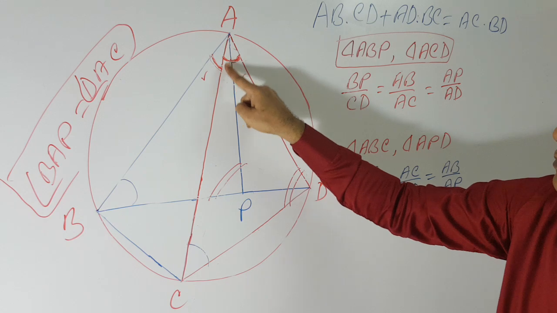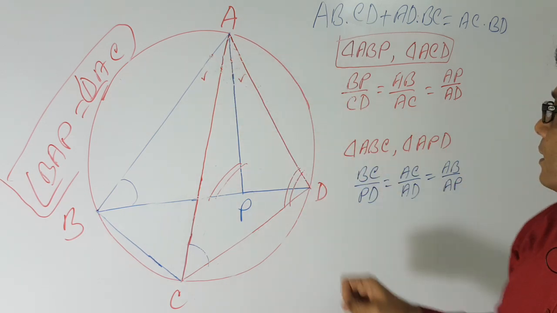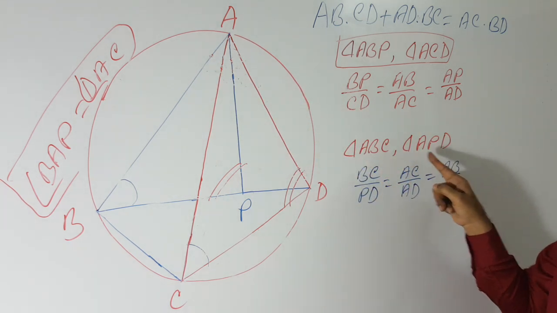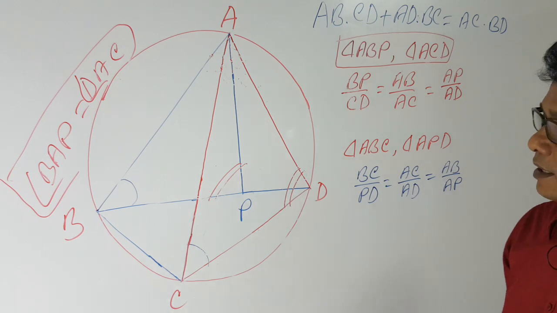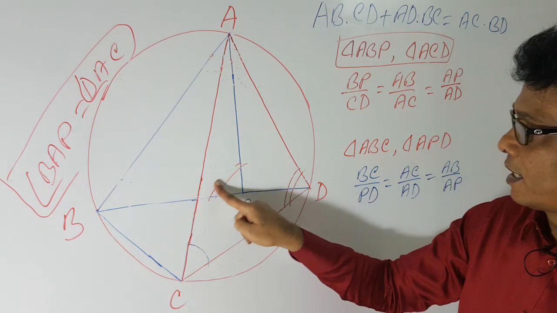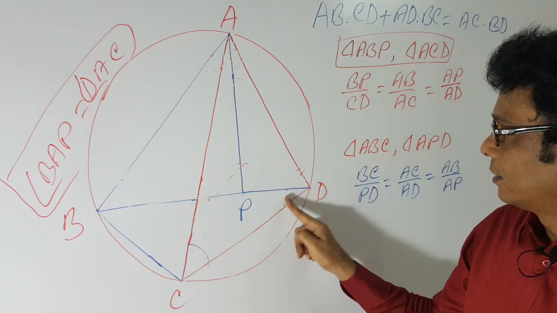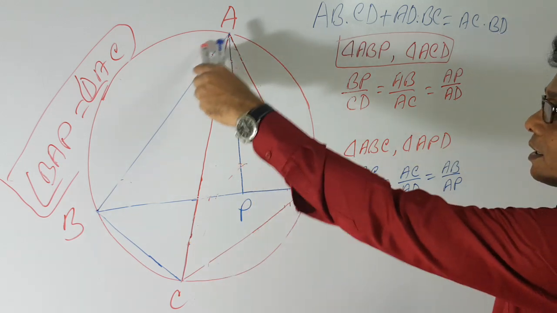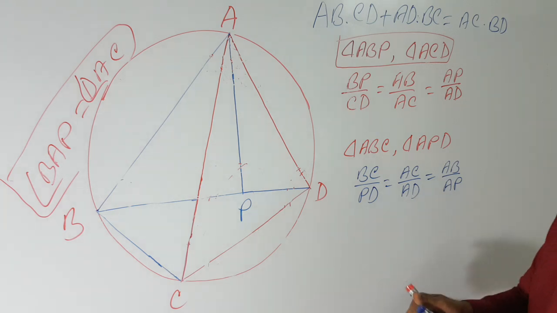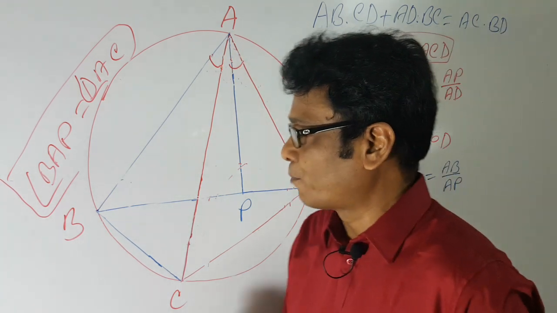Now we have to prove triangle ABC and APD are equiangular and similar. Triangle ABC, triangle APD. This angle equal this angle by construction.